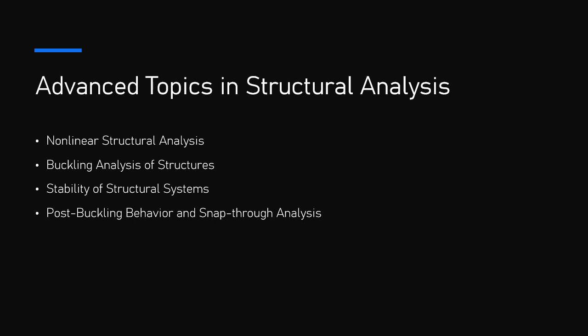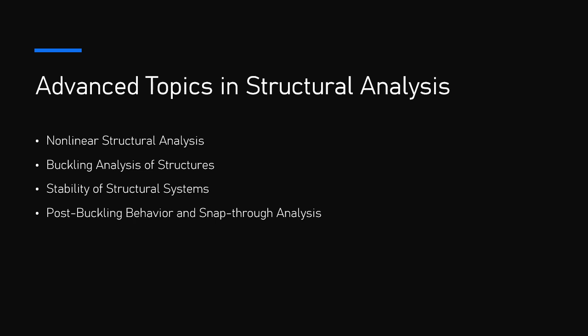3. Overall structural stability. Overall stability considers the interaction between both geometric and material stability. A structure can be geometrically stable but still fail due to material instability or a combination of both factors. This type of stability analysis includes global stability and local stability analysis. 10.2 Instability phenomena. 1.